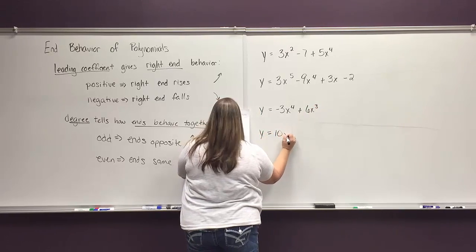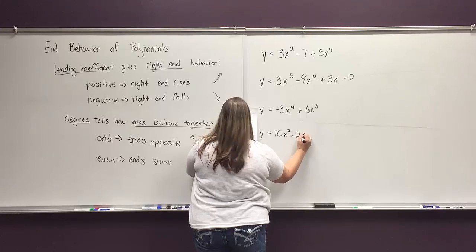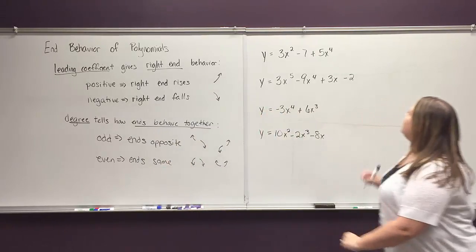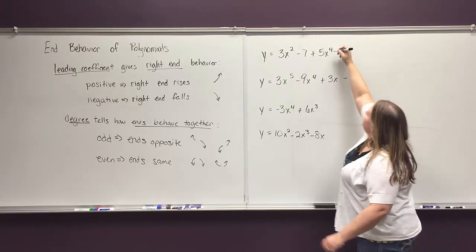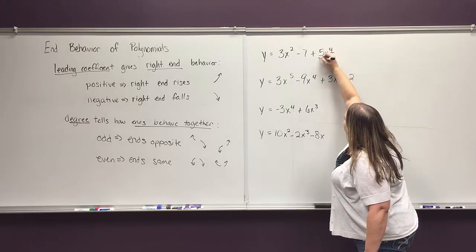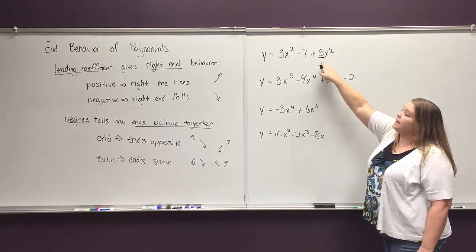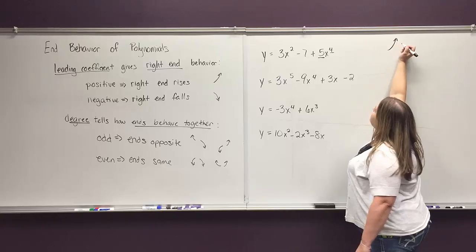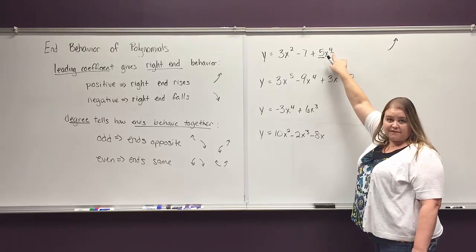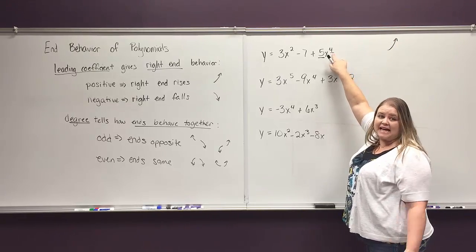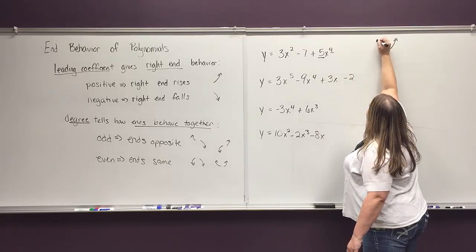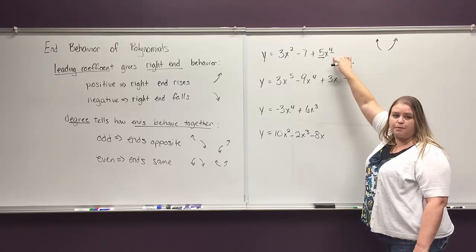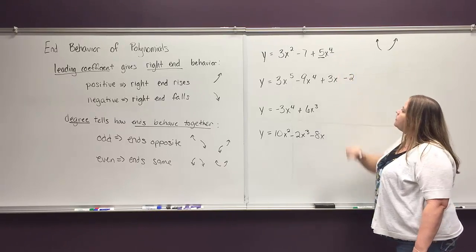And 10x squared minus 2x cubed minus 8x. So in the first case, we determined that my degree was 4, my leading coefficient was 5. With my leading coefficient being positive, that tells me my right end has to rise. With my degree being even, that tells me that the left end has to do the same as the right, so it must rise also. So this is what the ends of the graph of this polynomial will look like.